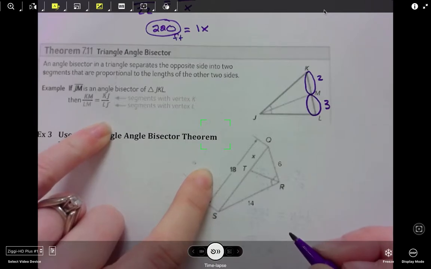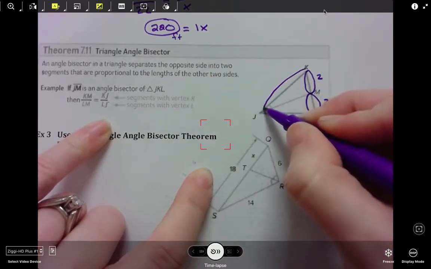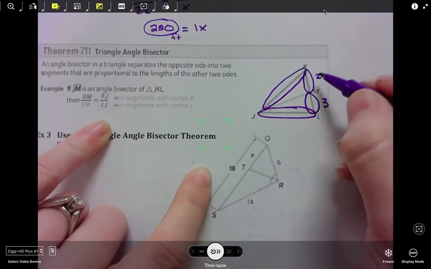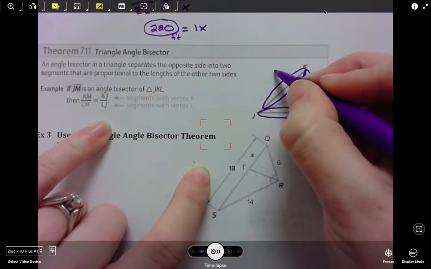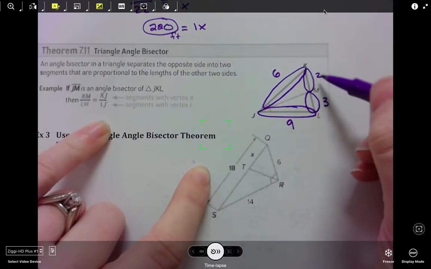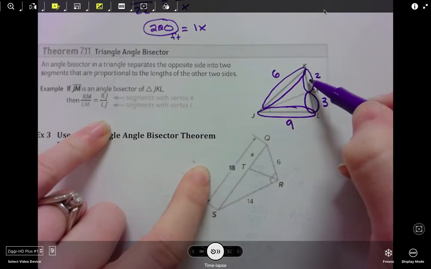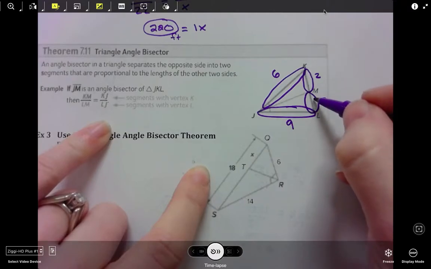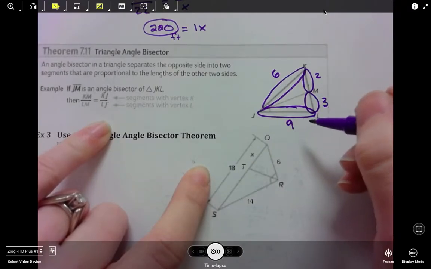Yeah, that'll work. This length here, KJ, will be in the same proportion as LJ. So let's say that that's 2, 3, and let's say this is 6 and 9. Okay? 6 and 9 has the same proportion as 2 and 3. So this bottom side and this side of the triangle will have the same proportion as this bottom side and this side of the triangle.